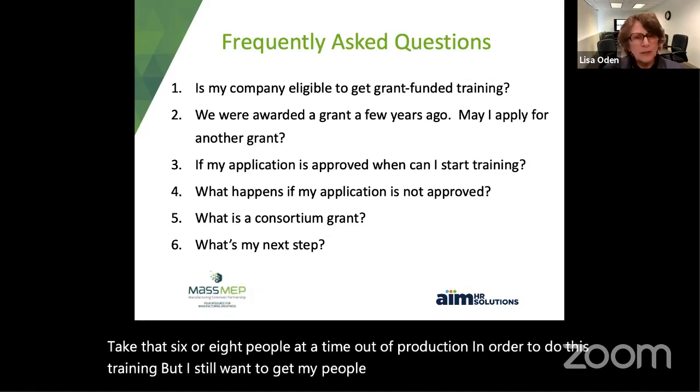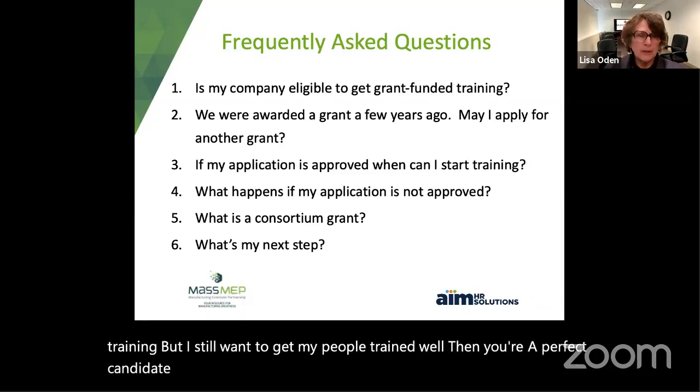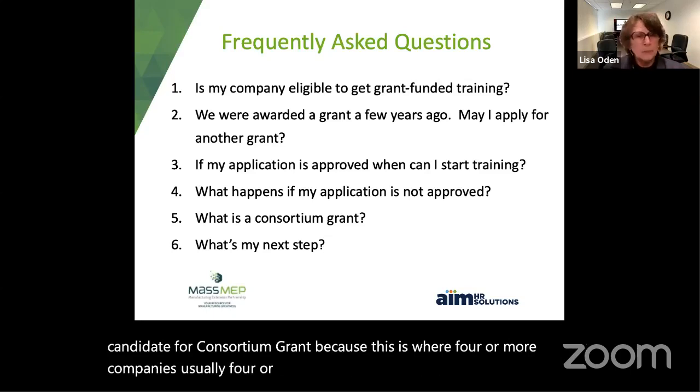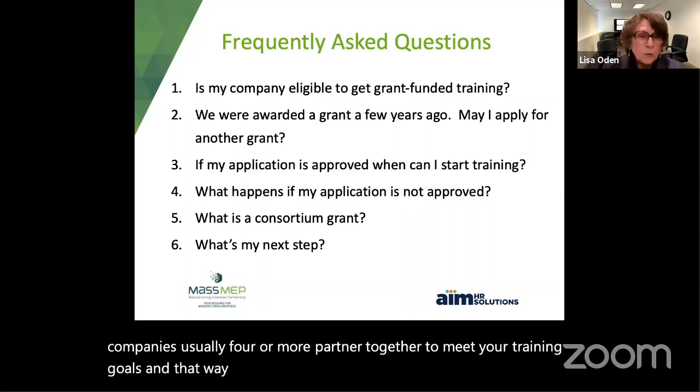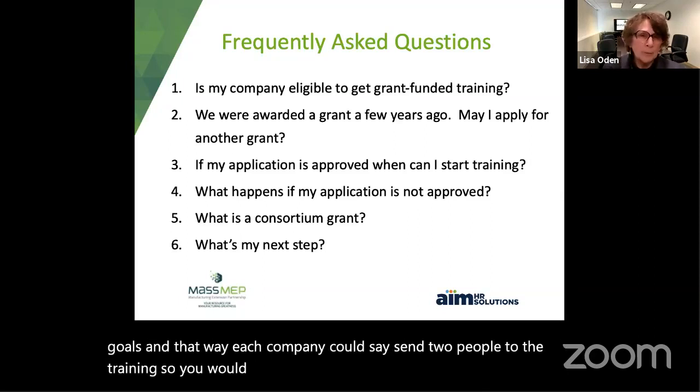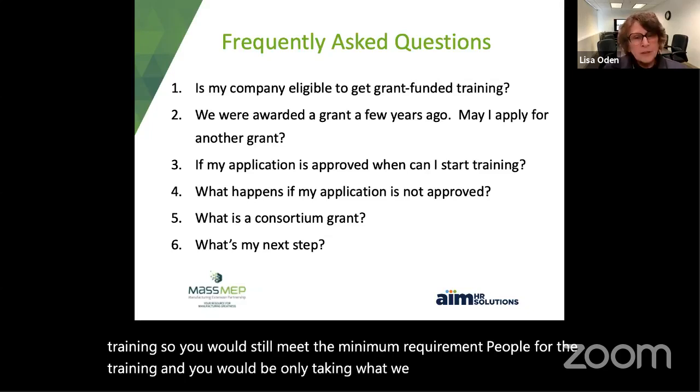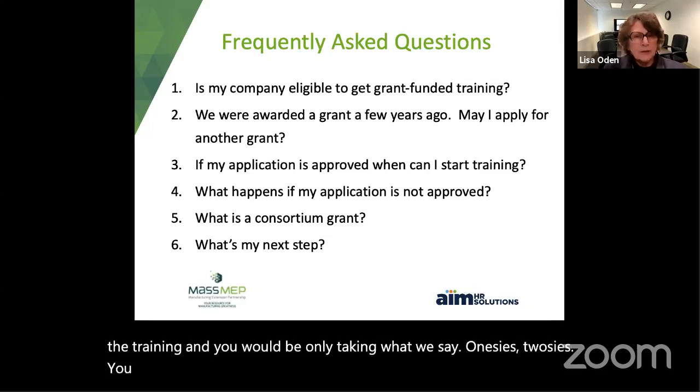Then you're a perfect candidate for a consortium grant, because this is where 4 or more companies partner together to meet your training goals. Each company could send 2 people to the training, so you would still meet the minimum requirement for the training, and you would only be taking onesies, twosies off the shop floor at the same time.